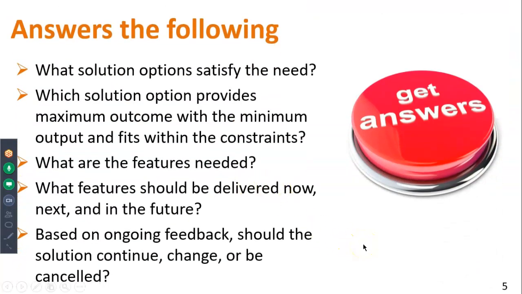At this level, we're asking a bunch of different questions, and we're starting to hone in on this. How will our solution satisfy the need? How will we get the maximum output from our solution, and ensure that our solution fits within any constraints that we've identified?